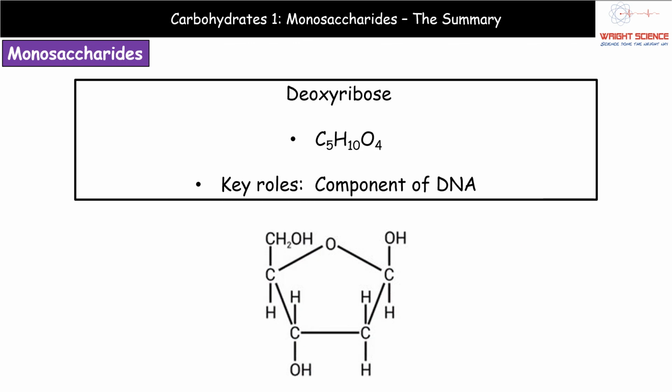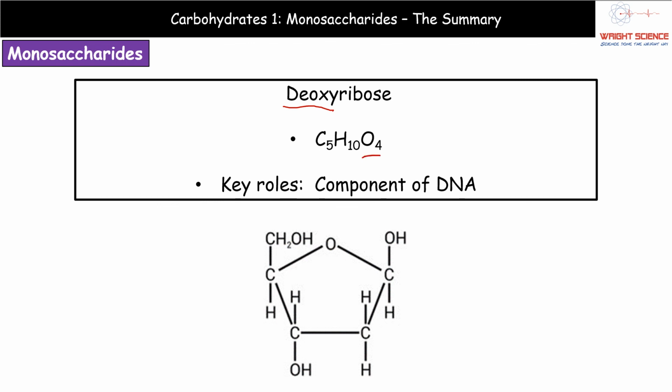Final thing is our deoxyribose then. Now we can work out a little bit about this by the first part of the name, deoxy. If we've got deoxy, we've removed an oxygen. So it's still a ribose, so still 5 carbons, still 10 hydrogens, but rather than having 5 oxygens, because it is deoxy, we've removed one of them, it's just O4.